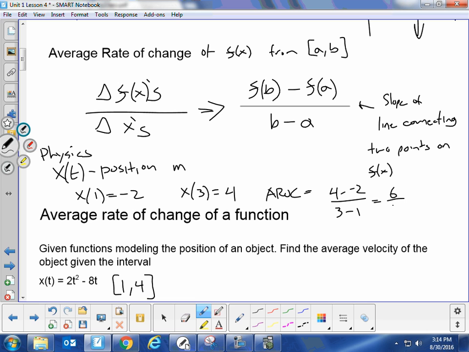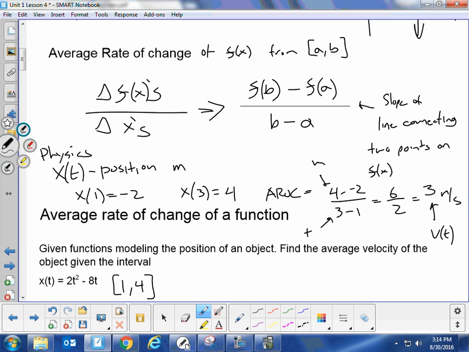This would be 6 over 2, or 3. This is time. This is meters. This would be meters per second. Okay? So the average rate of change of position is an average velocity.